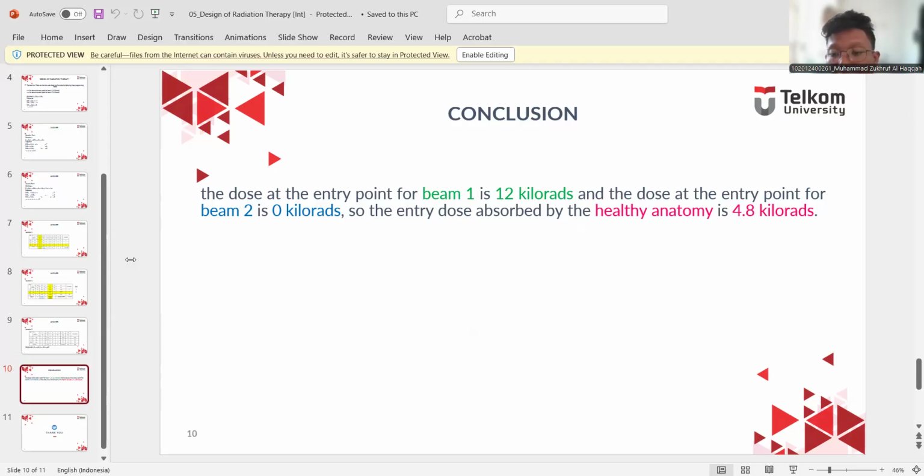At this dose configuration, the entry dose absorbed by the healthy anatomy is 4.8 kilorads, which is the absolute minimum value possible while satisfying all the necessary clinical constraints for the tumor.